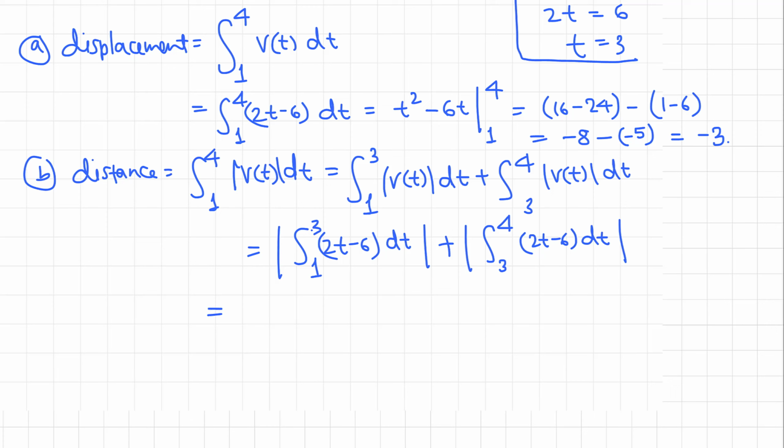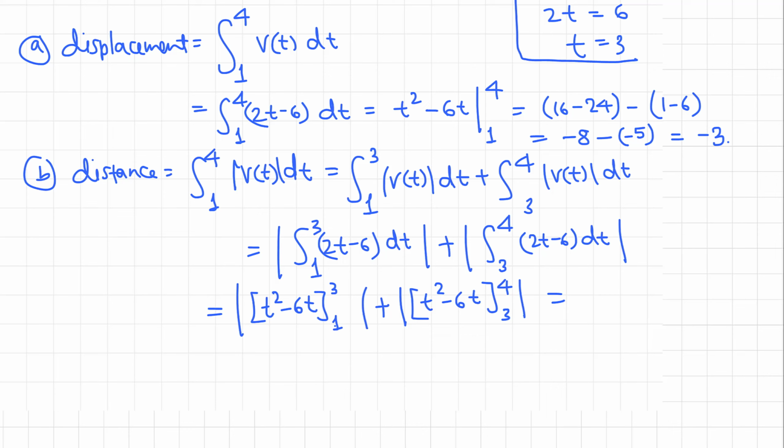Okay, let's integrate, and at the end of the day we're going to take the absolute value. So 2t minus 6 is the same thing as last time, t squared minus 6t, and we're going to do it from 1 through 3 and take the absolute value. Here again, t squared minus 6t, we go from 3 through 4 and take the absolute value.